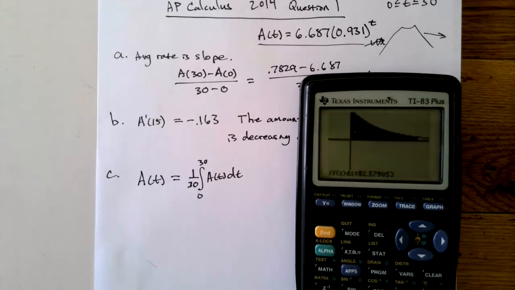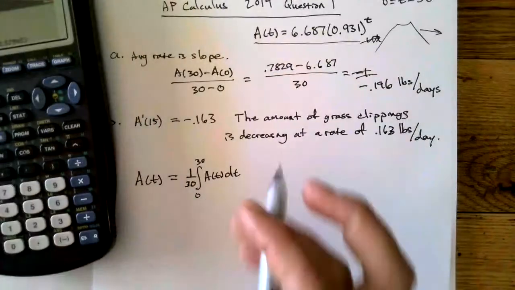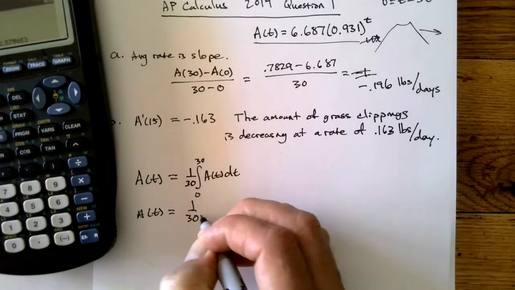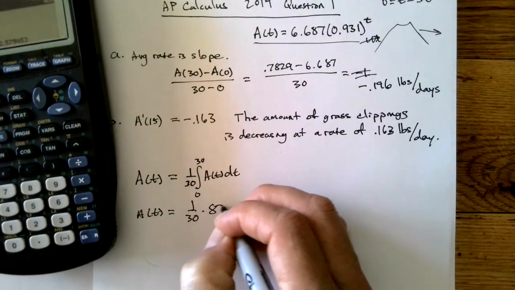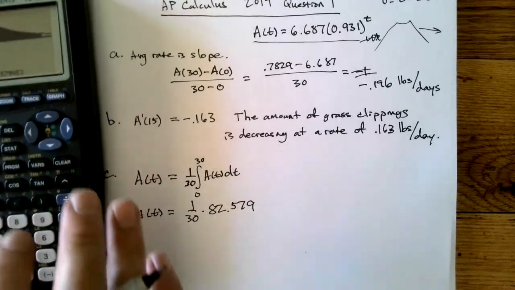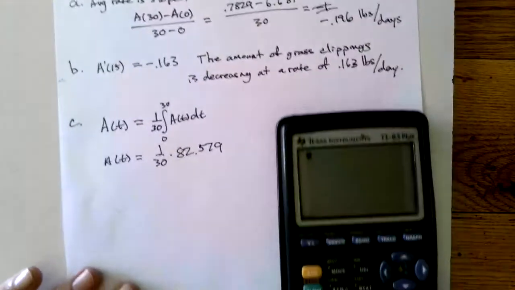And I get 82.579. So I have 1 over 30 times 82.579.